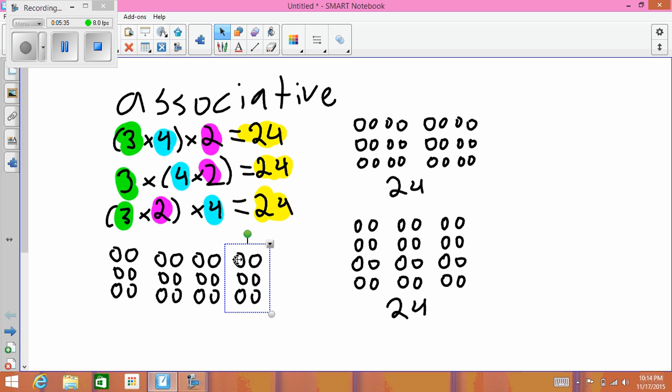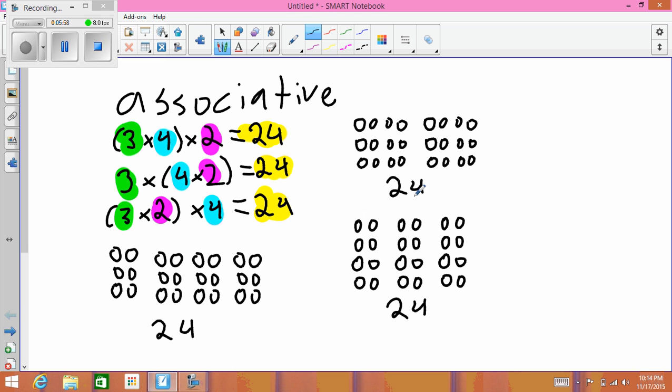Okay, so once again, I've just changed the grouping of my factors, but my product should still be 24. Let's count to make sure. 2, 4, 6, 8, 10, 12, 14, 16, 18, 20, 22, 24. And as we predicted, based on the associative property, my product is still 24.